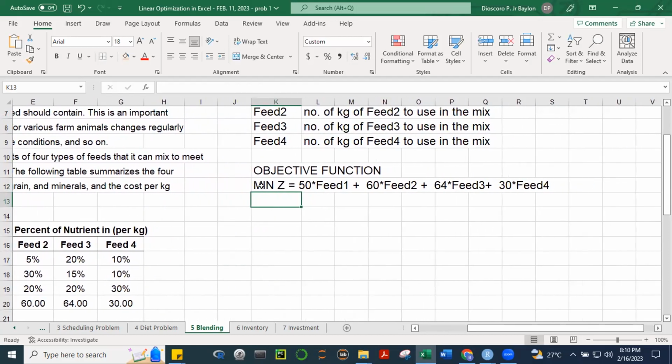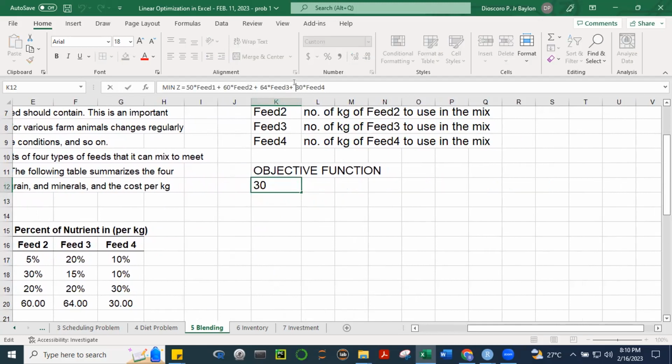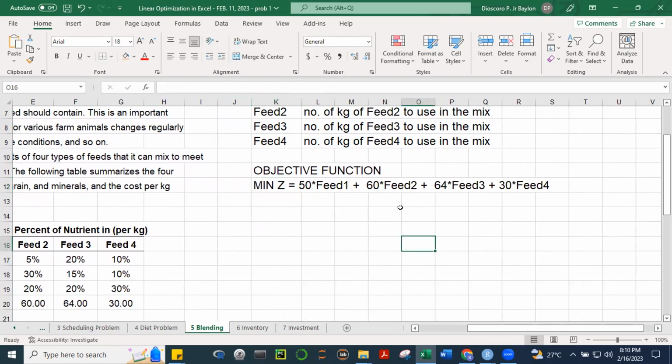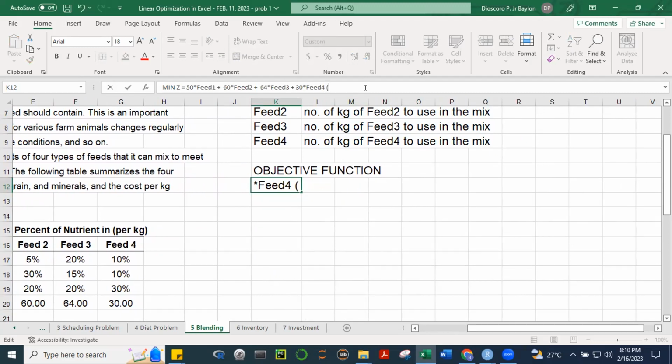All right. So does our objective function look okay? So this is our total cost. Let's just identify this to be our total product cost.